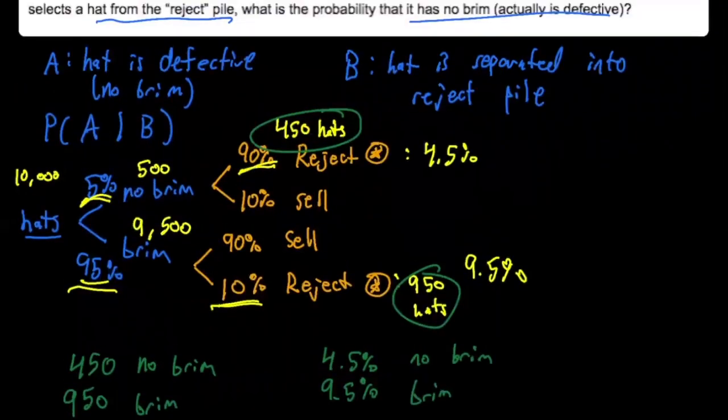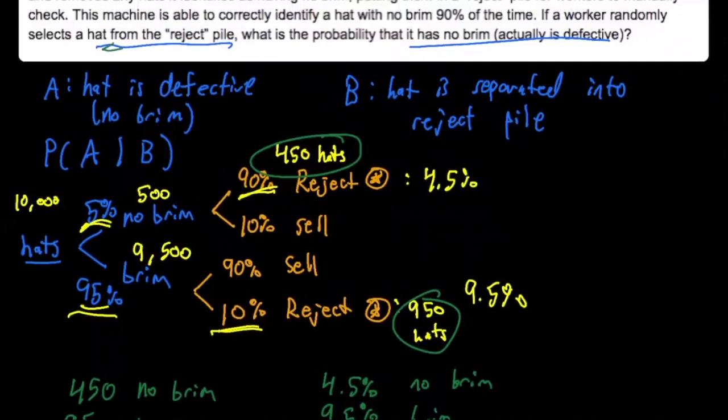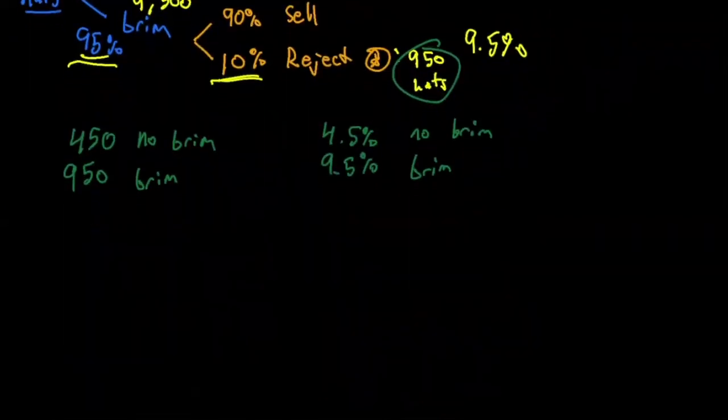So to find the probability that given it's in the reject pile, it has no brim, we could look at the number of hats that end up with no brim and divide that by the number of hats that are in that reject pile. So here, for example, we have 450 plus 950. It looks like 1,400 hats ended up in that reject pile.